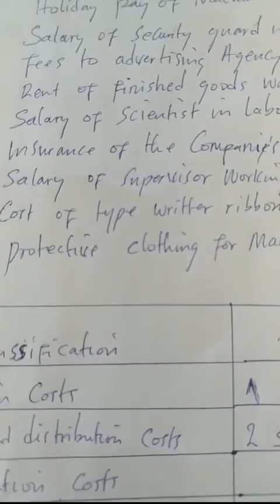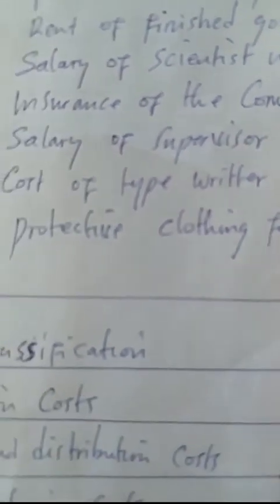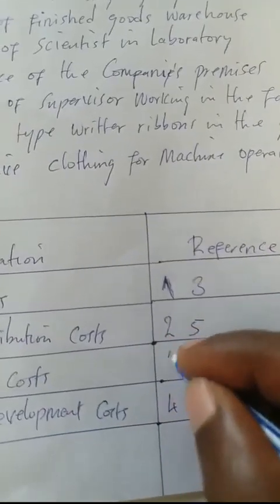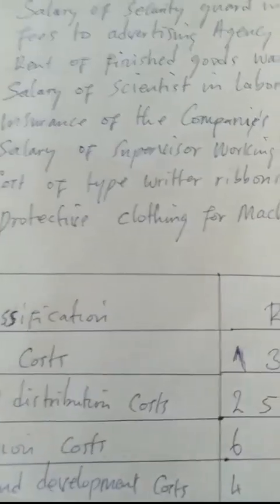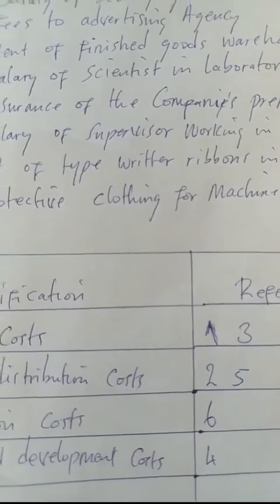Then number 6, salary of the secretary to the finance director. Salary of the secretary to the finance director, number 6, that's administration costs. You put 6 there. Then number 7, trade discount given to customers.